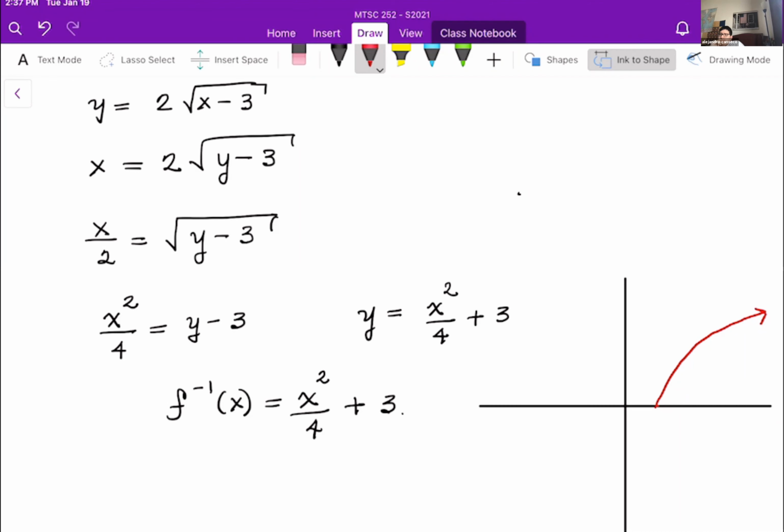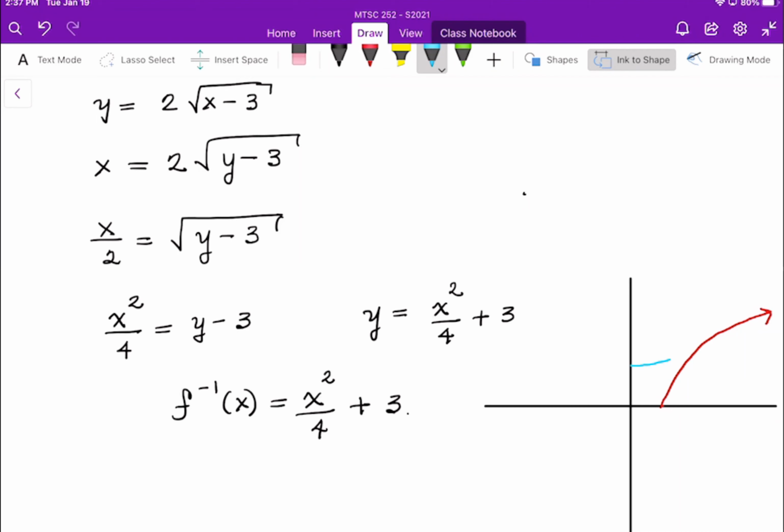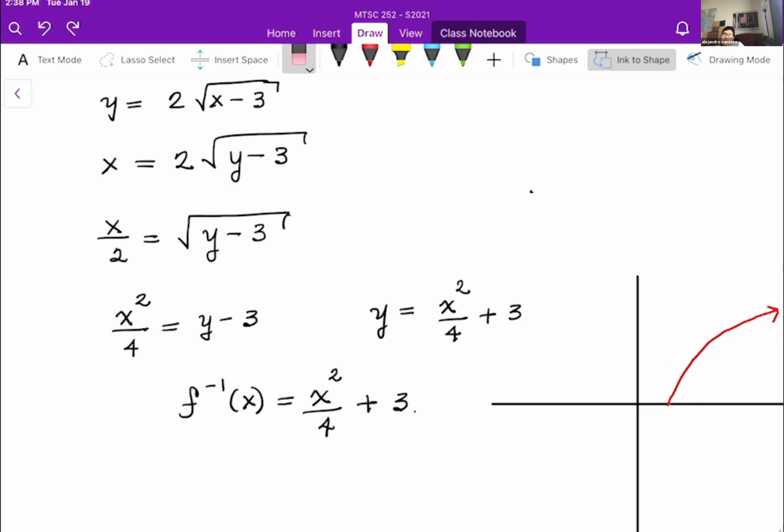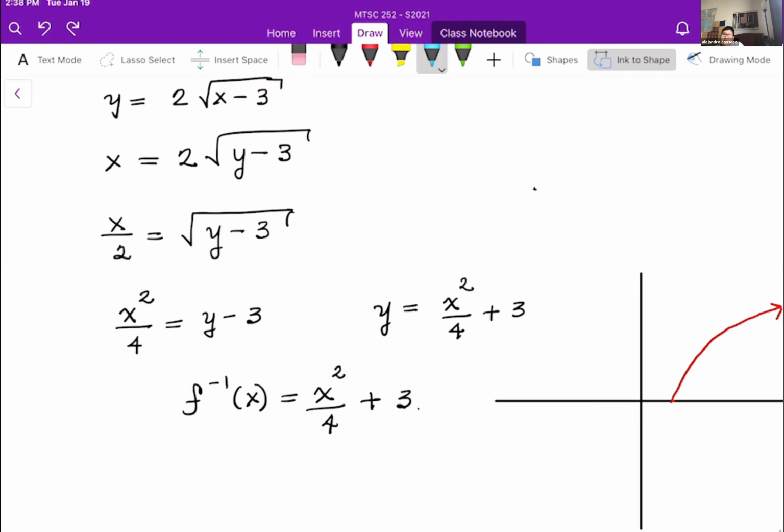And its inverse function, I gotta flip this thing. I don't know if they touch. I don't think they touch.